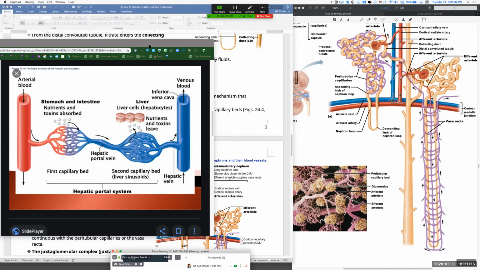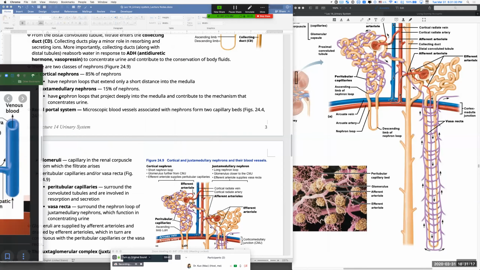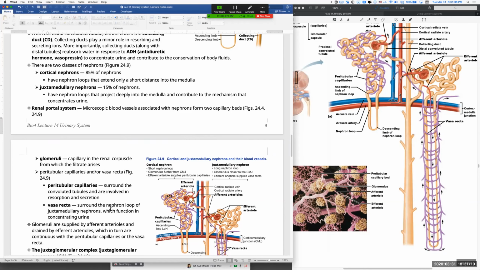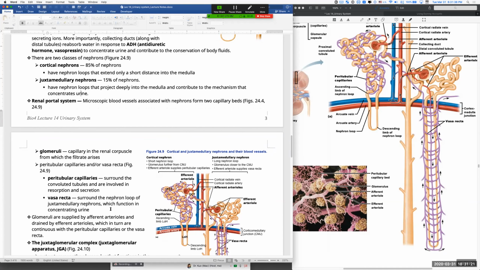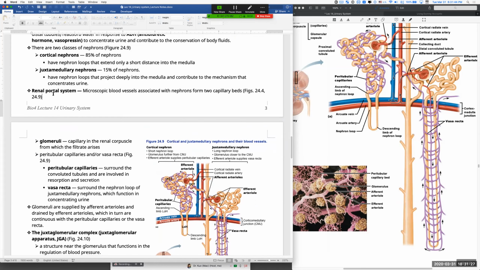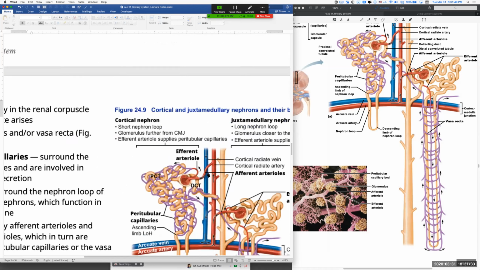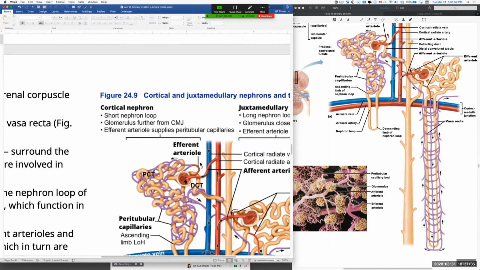In our kidneys, we also have a similar schematic. There are two capillary beds involved in the renal portal system. The first of which is the glomerulus. Notice that when the blood passes through the glomerulus, it's not deoxygenated yet.